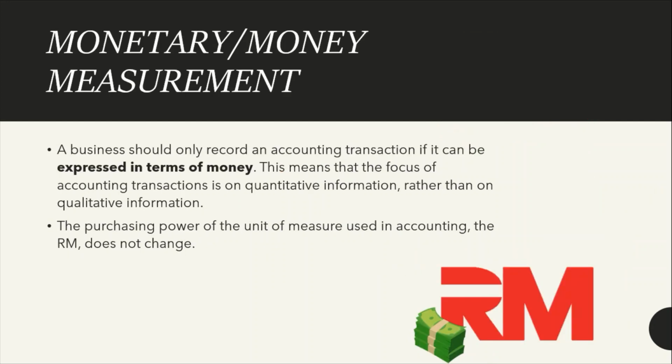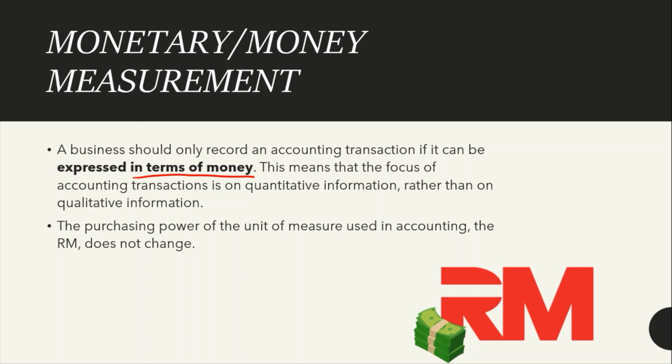Lastly is monetary or money measurement. A business should only record an accounting transaction if it can be expressed in terms of money. This means the focus of accounting transactions is quantitative information rather than qualitative information. The purchasing power of the unit of measurement used in accounting, the RM, does not change.